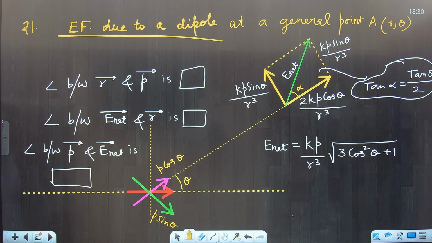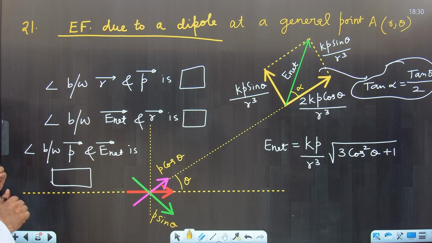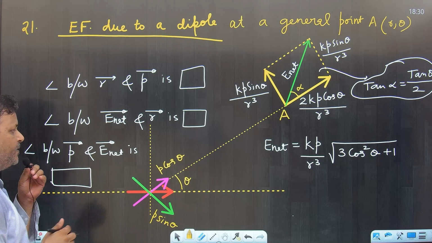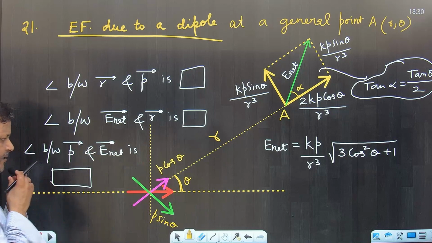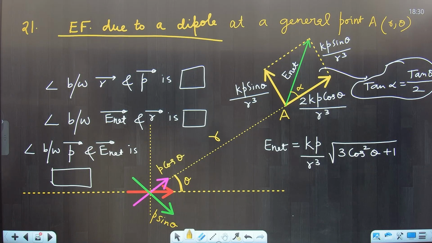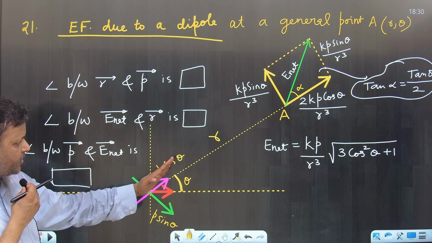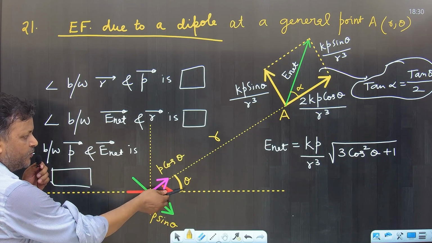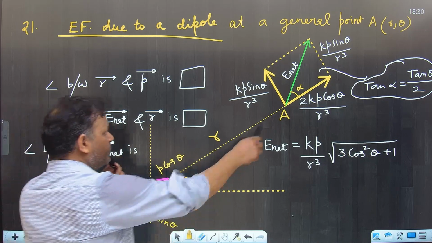So see, here is a dipole P. Now we have to find electric field at this point A, which is kept at an angle theta with the direction of P at distance r. We will just resolve this dipole P in two parts, along the r vector and across the r vector. So obviously this is P, so this will be P cos theta, and this will be P sin theta. You have to find electric field at this point A.